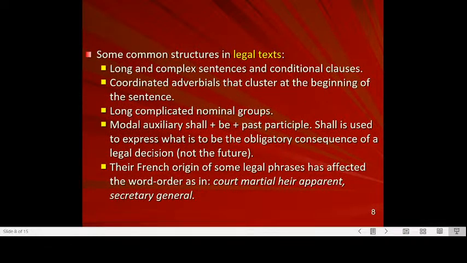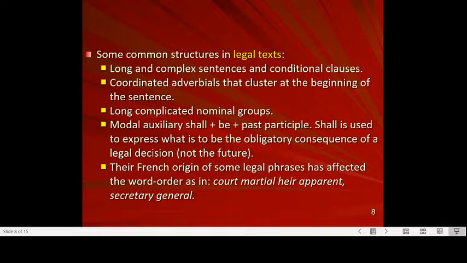Some of the common structures in legal text are long and complex sentences and conditional clauses, coordinated adverbials that cluster at the beginning of the sentence, long complicated nominal groups, modal auxiliary shall plus be plus past participle.